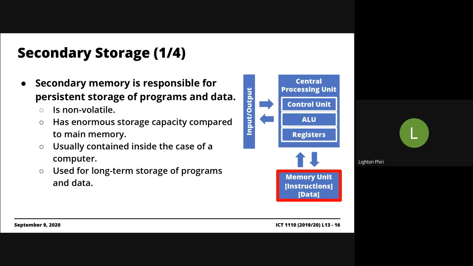So if you intend to store data beyond switching off your machine, then you're better off storing it onto secondary storage or secondary memory. So it's non-volatile, meaning that irrespective of whether or not you have electricity being supplied to it, data is going to be persistent. It'll still be there. It's significantly larger in size, like we earlier said, much larger capacity.